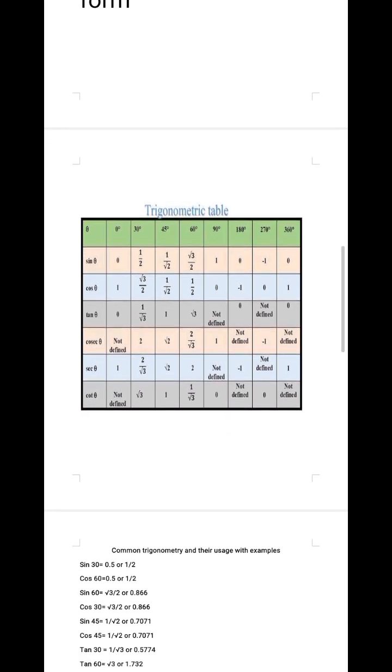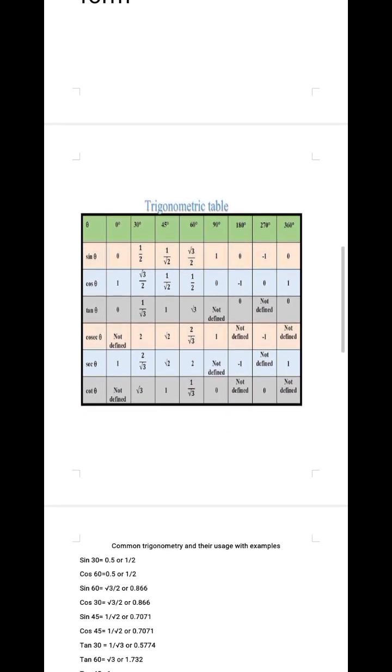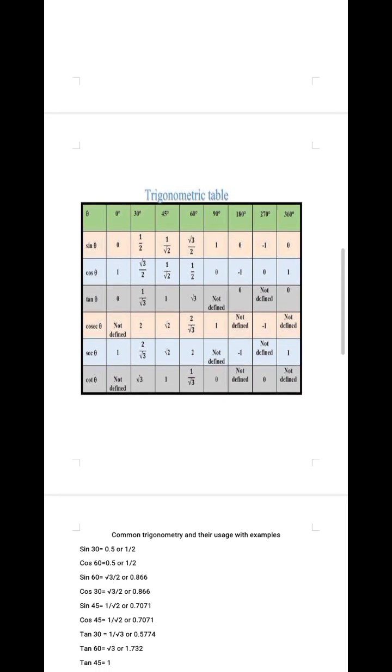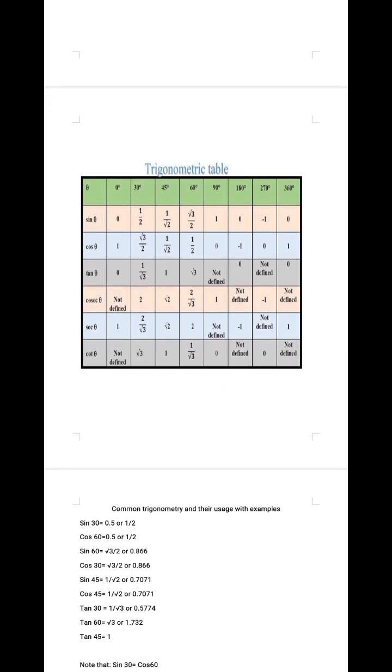Sin 0 is 0, sin 30 is 1/2, sin 45 is 1/√2, sin 60 is √3/2, sin 90 is 1, sin 180 is 0. Cos 0 is 1, very vital, and cos 30 is √3/2, cos 60 is 1/2. So go through the table. It will actually help you.